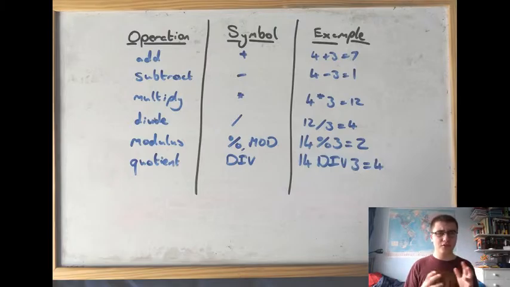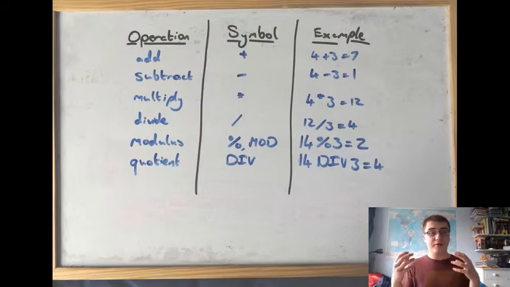However, you can just use the letters div, and using quotient on two numbers will give you the number of times that the second number goes into the first one as a whole number. So when you divide 14 by 3, you get 4.